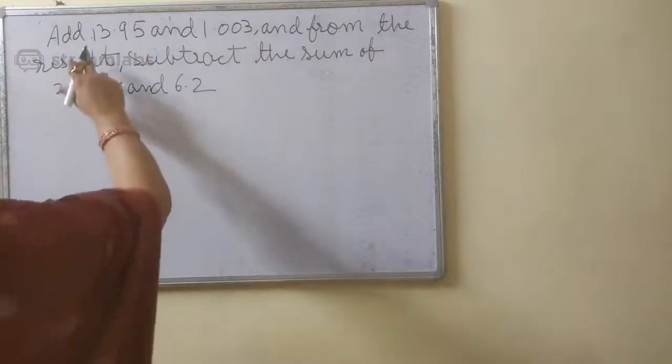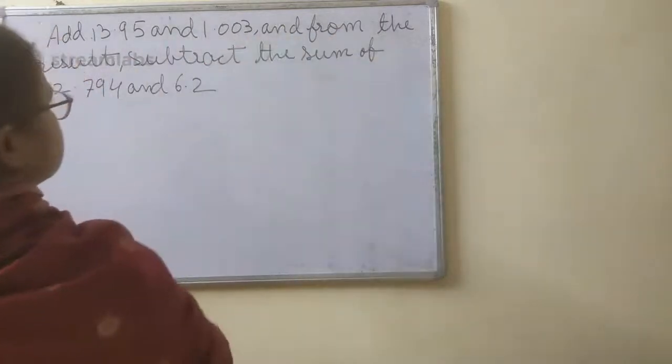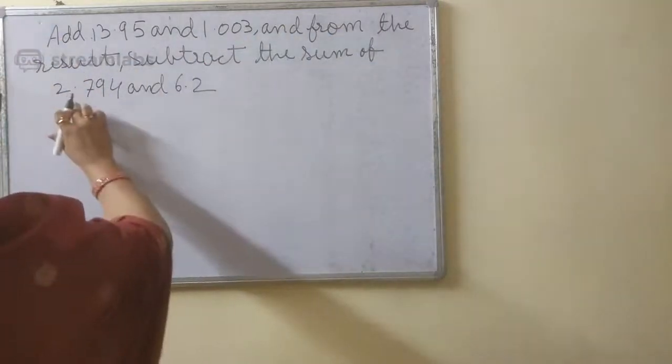Clear? So add this and this, and then from the result subtract the sum of this and this.